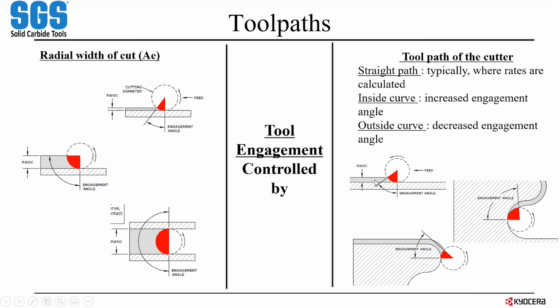Now, if you're running at the same parameters, your same inch per minute, same chip load, for all of them, when you get here, your tool is going to bog down because it's got a much higher engagement, and your parameters aren't set to be prepared for that sort of engagement. And inversely, when you come out here, your parameters are going to be too low.